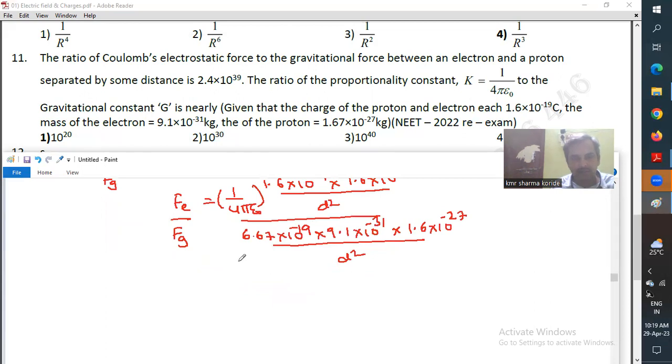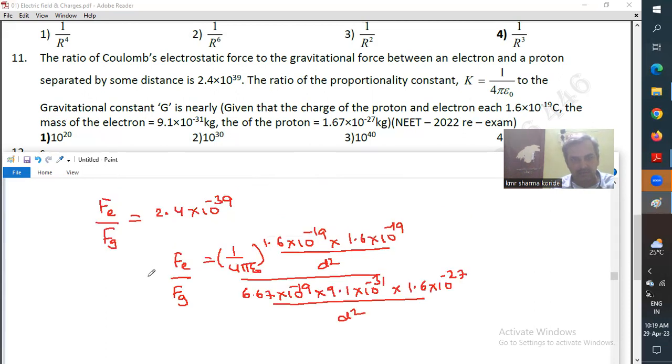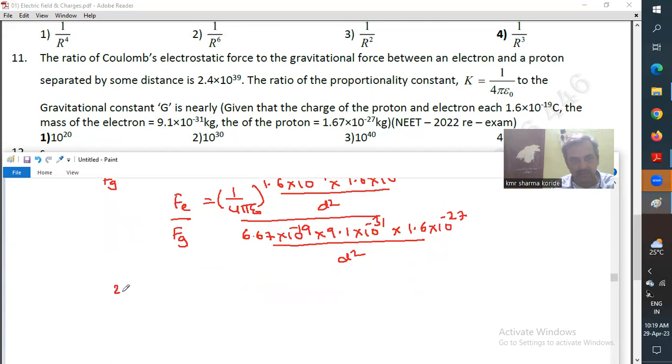So let us rewrite this one. They have given 2.4 into 10 to the power of minus 39 is equal to 1 by 4 pi epsilon naught, which we are looking for.